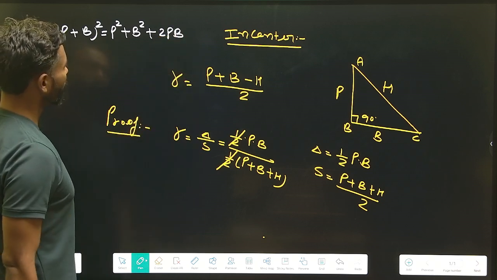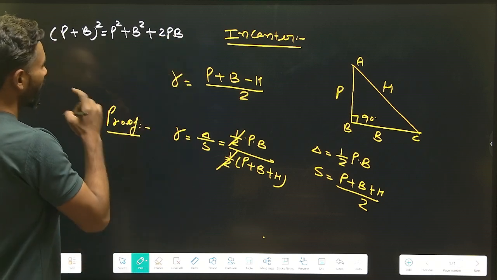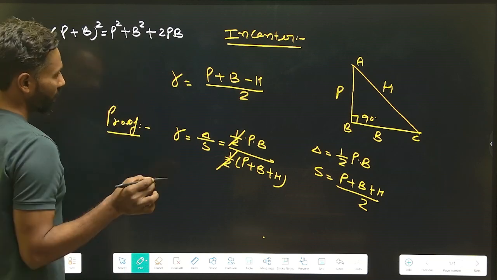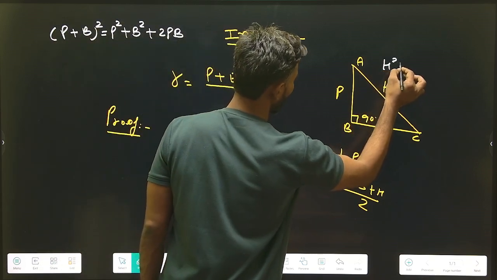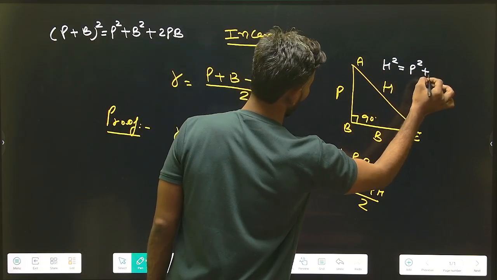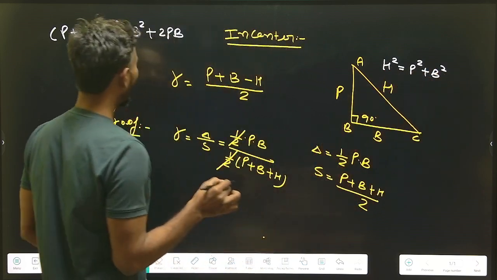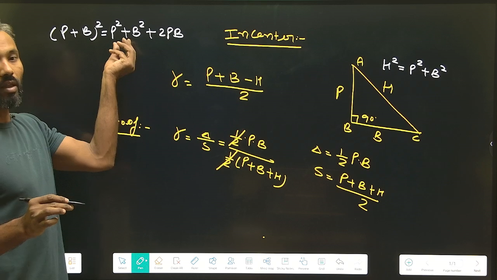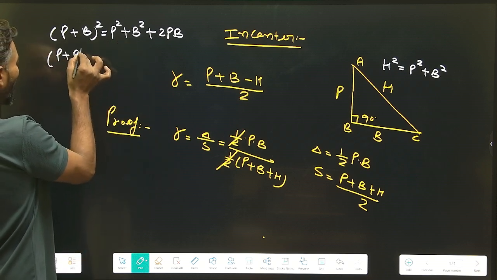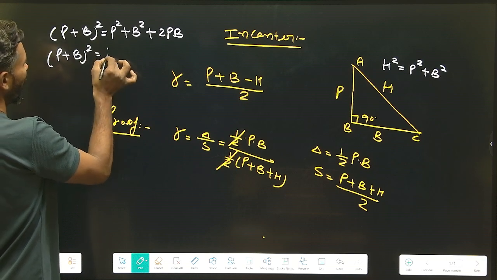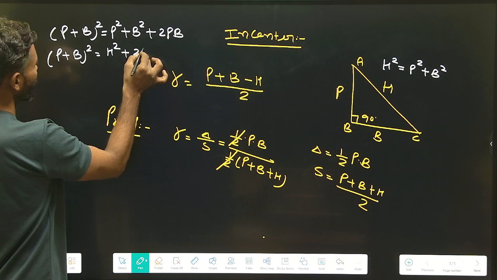Now, because of the Pythagoras theorem, h square will be equal to p square plus b square. You very well know this. So I can replace p square plus b square with h square. So p plus b whole square will be equal to h square plus 2pb.